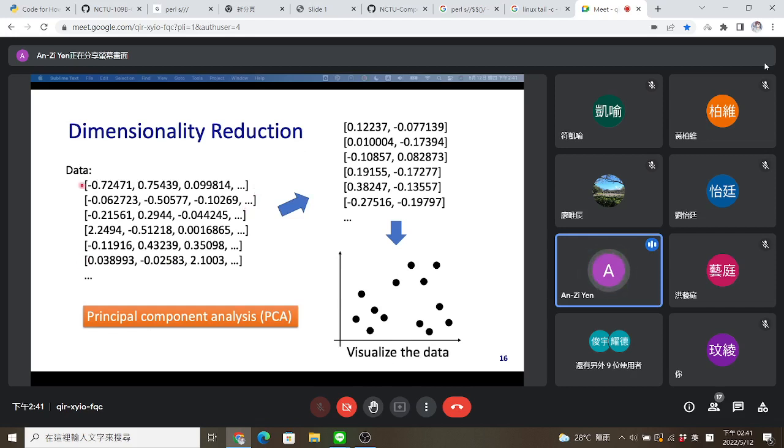Here is the first word embedding, second word embedding, third word embedding, and we want to reduce the word vector dimension, like from 300 to 2, then we can visualize it.